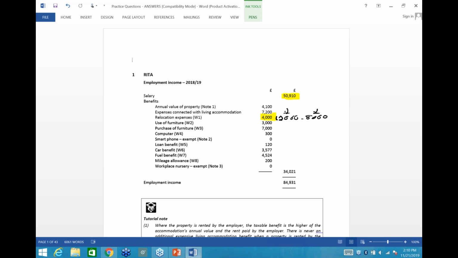Therefore, the basic charge is 4,100, which is the higher of the annual value of the property and the rent paid by the employer. Rent paid by the employer is 3,500. The annual value of the property is 4,100. So you need to take the higher value here.